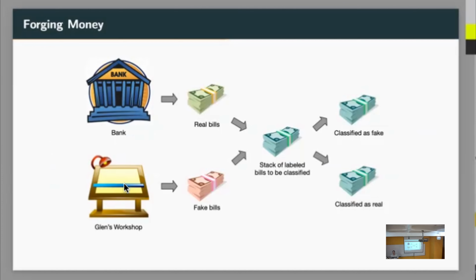So this image represents a fake money factory. In the fake money factory, we have two roles. We have the faker, the people that make fake money, and we have the quality control, the guy that looks at the bills and says, okay, this is real or this is fake.